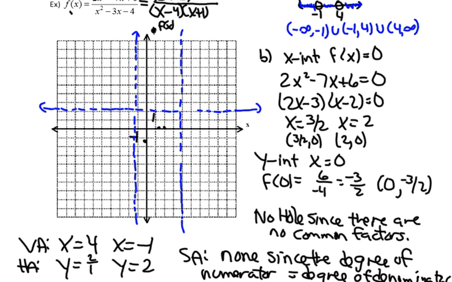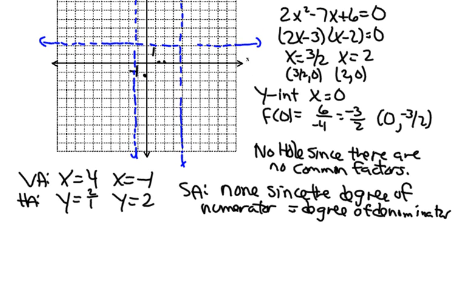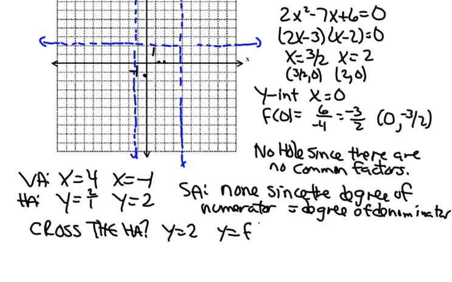Now, we know for a fact that the graph is never going to cross the vertical asymptote. But it is possible that it could cross the horizontal asymptote. So let's check that. We know the horizontal asymptote is y equal to 2, and we know y is equal to f of x.